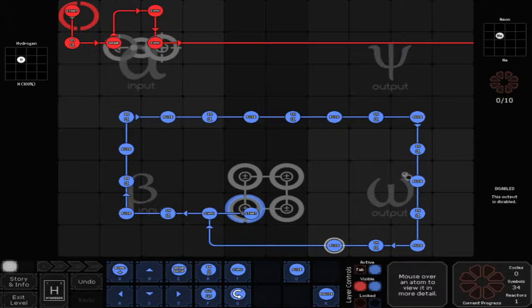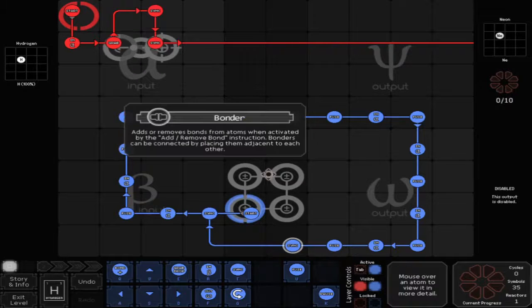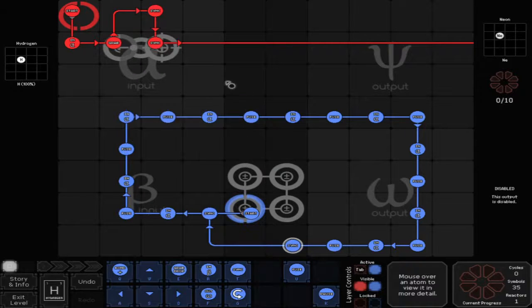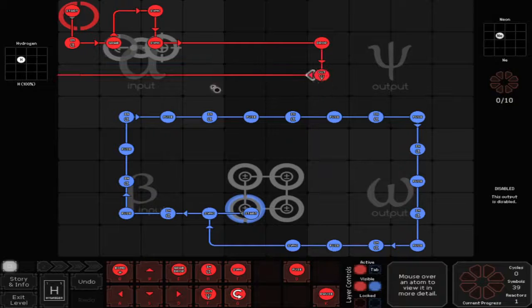This will essentially bring in 9 more hydrogen, fusing them as they arrive until we get a neon there, at which point Blue simply turns Red back on, lets his friend deliver the neon, and then cycles back around to start the whole process over again.